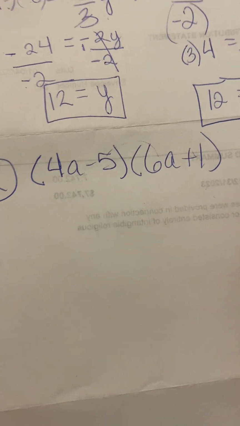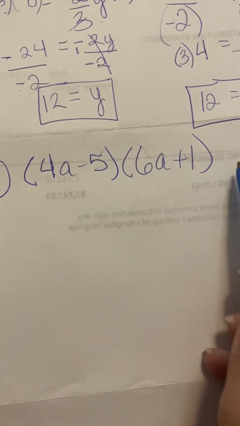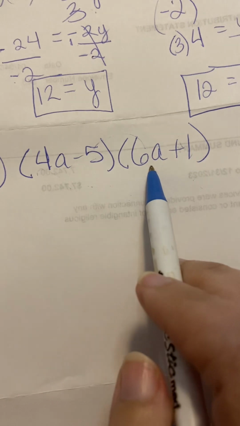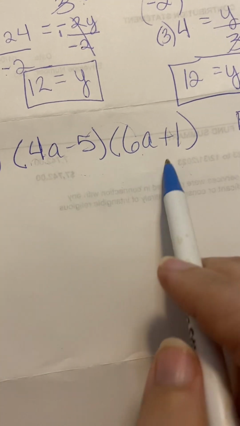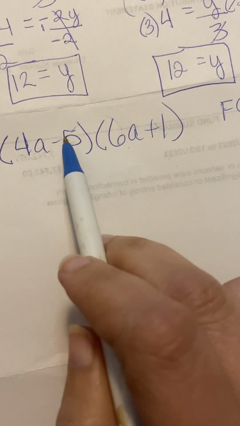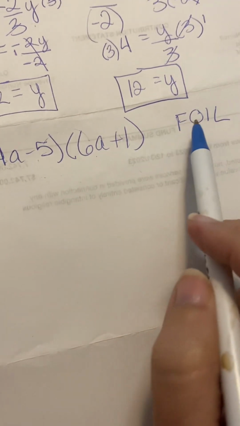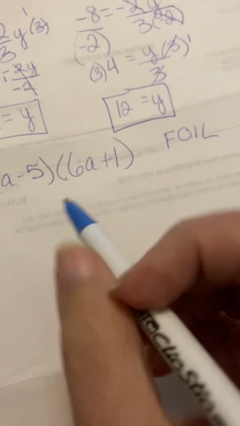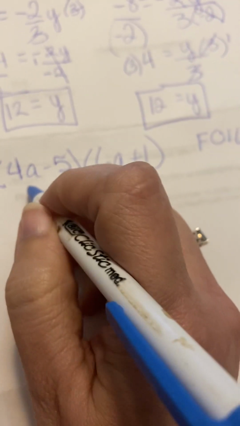Sometimes you'll hear this called FOIL. It just means the first two terms, the outer terms, the inner terms, and then the last terms. That's what the FOIL stands for. But really, it's just the distributive property twice.